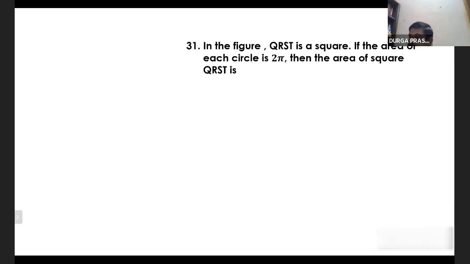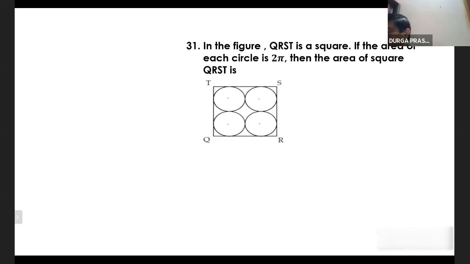So look at this. In the figure, QRST is a square. The area of each circle is 2 pi. Find the area of the square. QR, the side of the square, will be equal to 4 times radius.